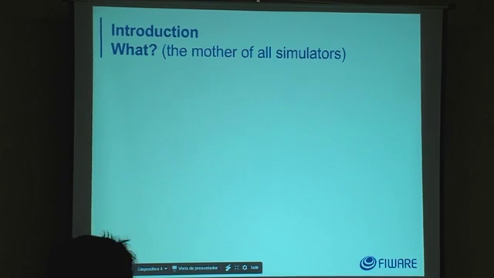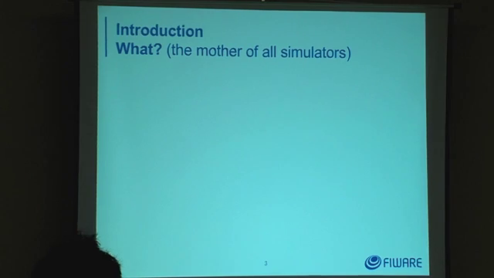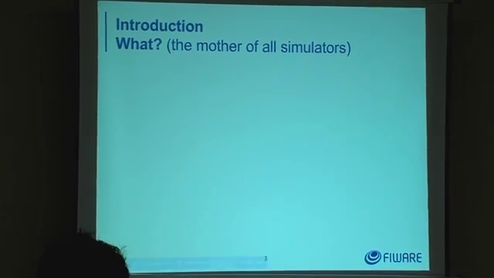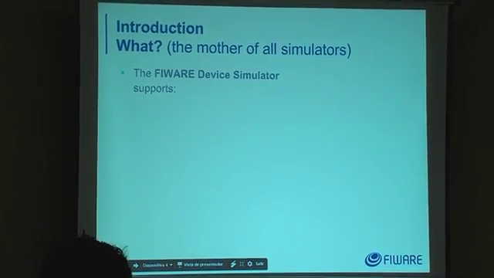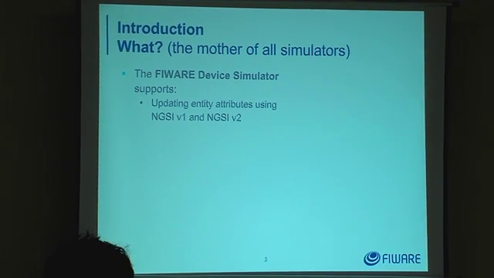Basically, what is the FIWARE device simulator? Well, it's a tool you can use to do many things. You can use it to update entity attributes using NGSI version 1 and version 2, typically communicating with a context broker instance.